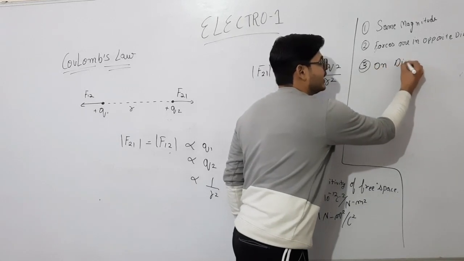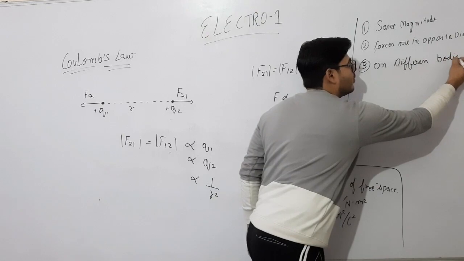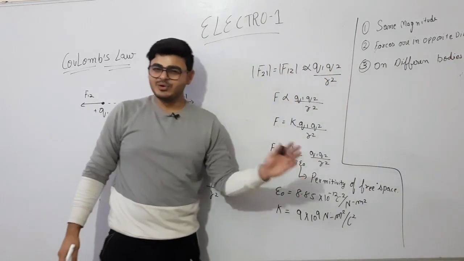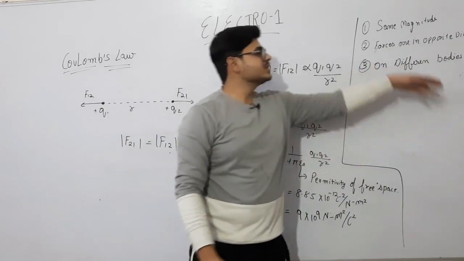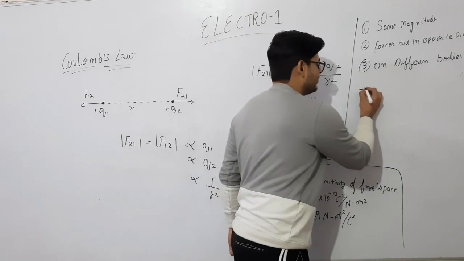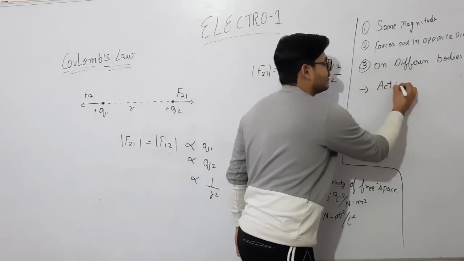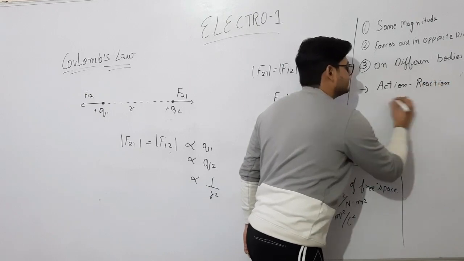On different bodies, yes or no? Do you understand? We have the same magnitude, force in opposite direction on different bodies. What does it mean? It's an action reaction pair.